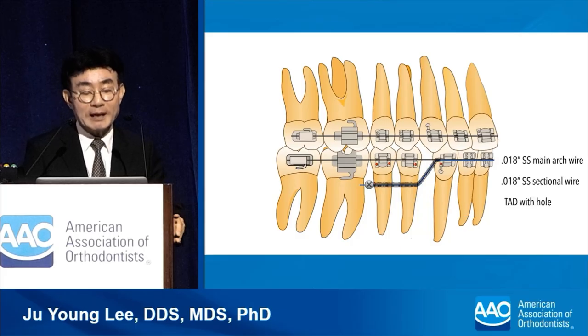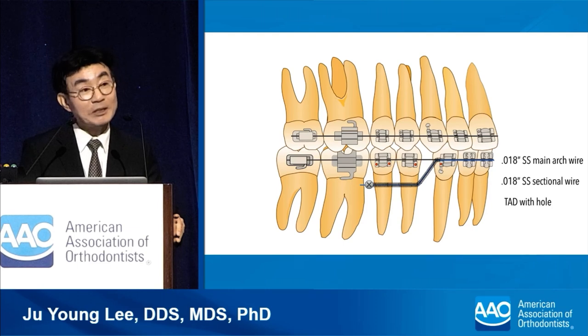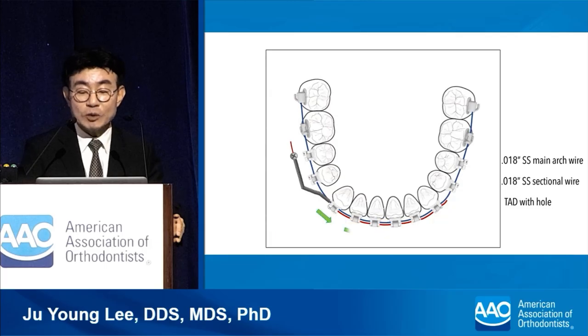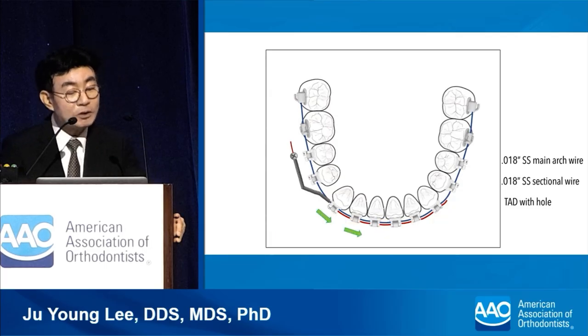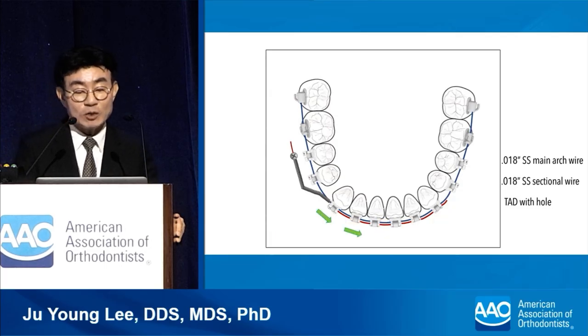By pushing the canine and anterior teeth forward and laterally with this technique, class 1 canine relationship is easily restored without intrusion of the anterior teeth, and the midline is well improved as well. 0.18 stainless steel wire is used for both the main and sectional arch wire.